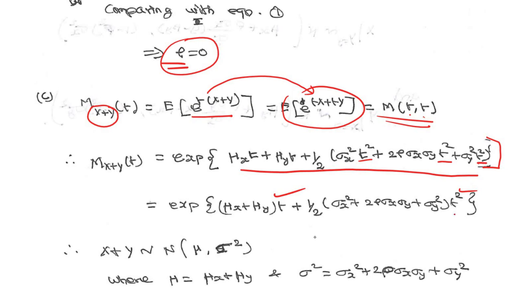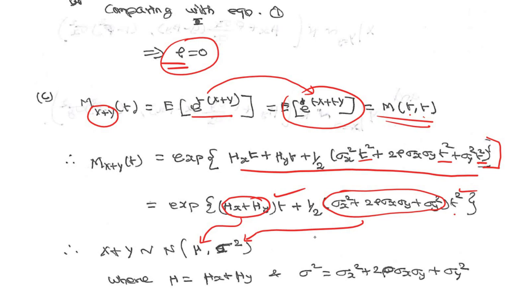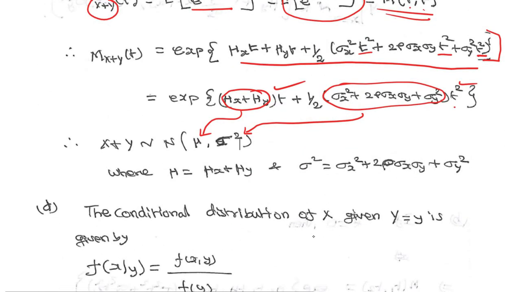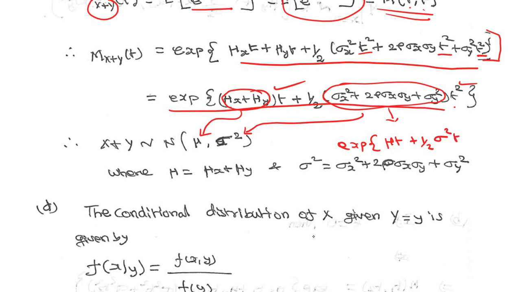What we observed here, I am replacing this term as mu and this bracket as sigma square. If we are replacing like that, this entire term can be written as exponential of mu t plus 1 by 2 into sigma square t square.